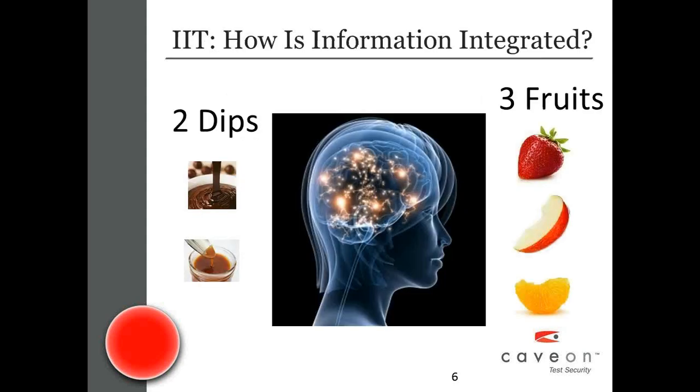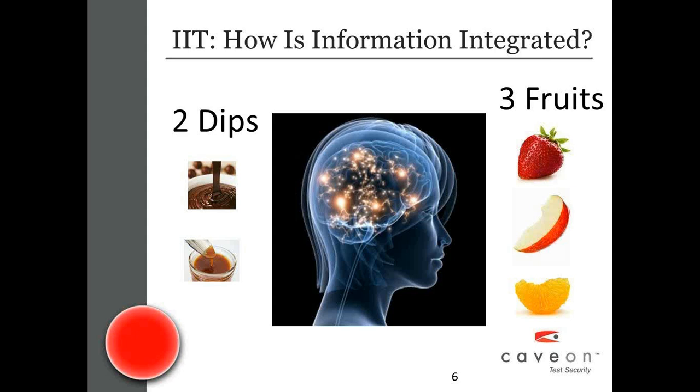So just to understand a little bit how it works. Now, I know that many of you responded to an invitation to do a little item rating task on Caveon's review tool called Scorpion. So many of you were able to do that, and we'll talk about those data. But just a little bit on integrating information. This slide shows 3 fruits on the right side and 2 dips on the left side.